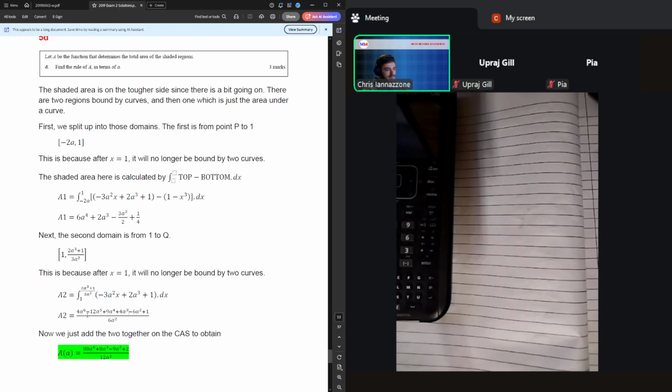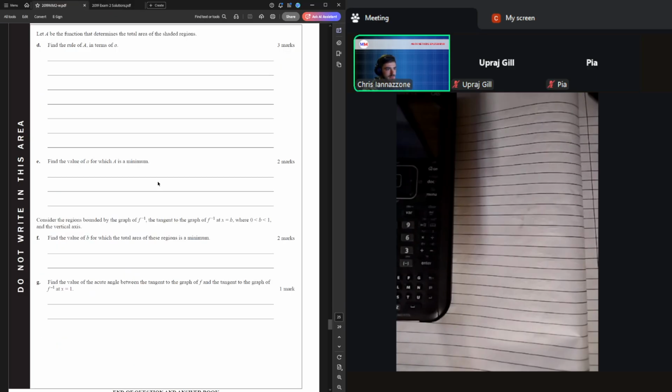Then you've found both area sections, maybe 3 area sections, depending on if you split it up 3 ways. Just add them all together, and then the CAS will do some simplifying for you. Anything to clarify there further, let me know. Otherwise, feel free to move on to part E, because having that equation will be really helpful for this.